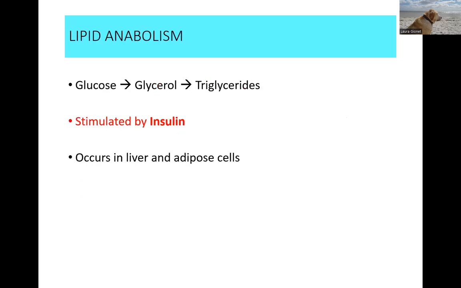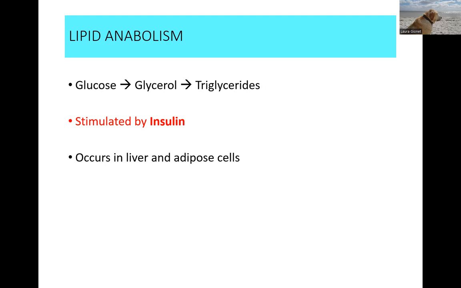Okay, lipid anabolism, or creating fats, we can start with glucose and end with glycerol and triglycerides. So what do we mean by that? It means that even if you're not eating fat, even if you have a high carb and protein diet and you ate very few fats, if you still take in more calories than you're going to burn that day, it gets converted to fat, in the liver.